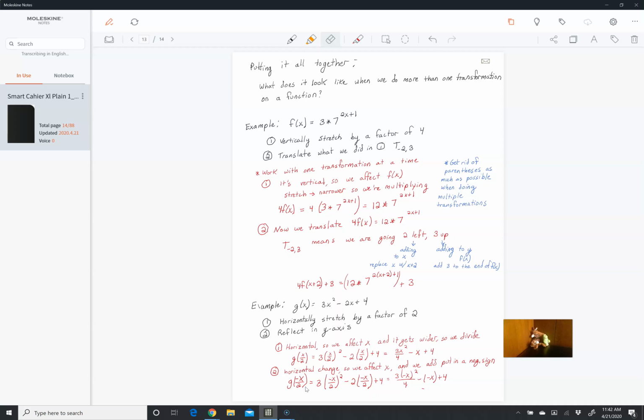And if we really want to, we get 3x squared over 4 plus x plus 4. I have to rewrite it because you can't see the 4. This is a completely simplified version. Any of these answers would be okay. If it's not telling you to simplify, any of these answers would be okay.